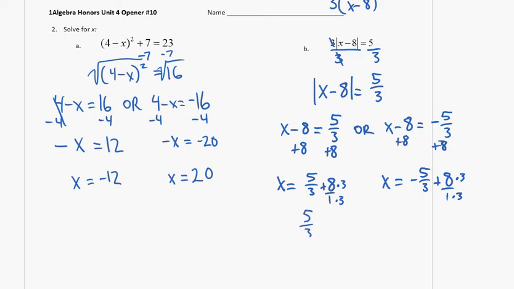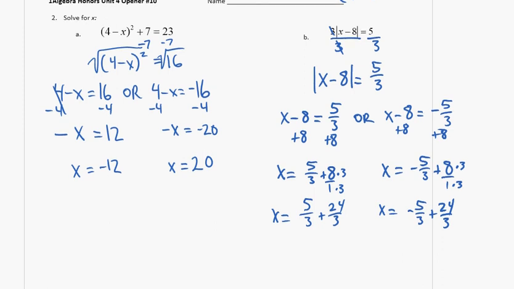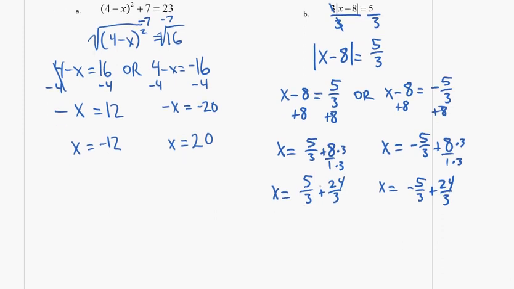So here I've got 5/3 plus 24/3, and over here I've got negative 5/3 plus 24/3. So at the end, I'm ending up with x can equal 29/3, or x can equal 19/3.